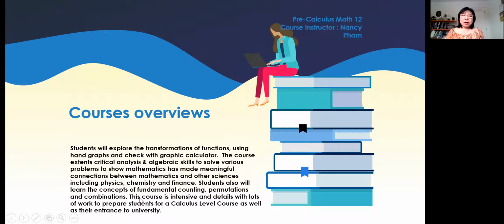Students also will learn the concepts of fundamental counting, permutations, and combinations. This course is intensive and detailed, with lots of work to prepare students for a calculus level, as well as their entrance to university.